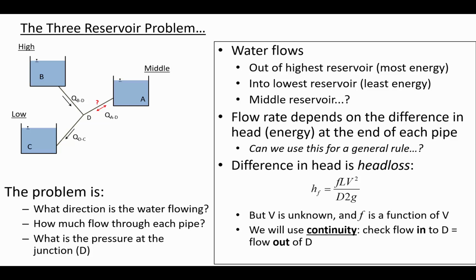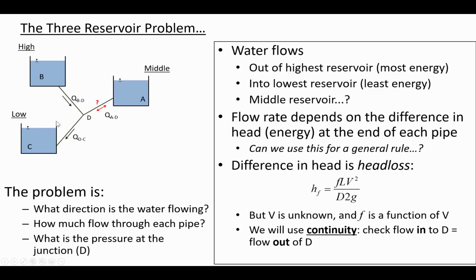And another kind of governing equation that we have that tells us if we're on the right track is we can apply continuity at junction D. You maybe remember this word continuity from chapter 5 last semester in fluid mechanics. Continuity equation is Q equals VA, and that in a control volume, flow in equals flow out.